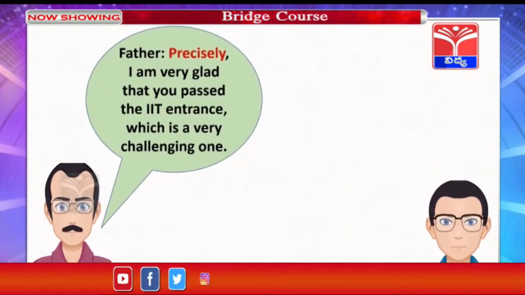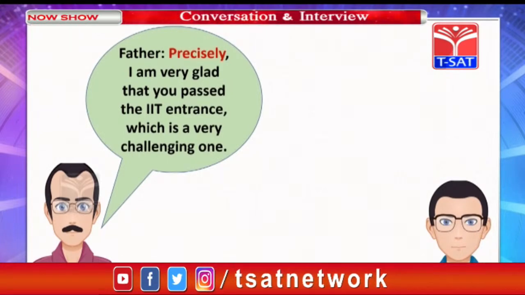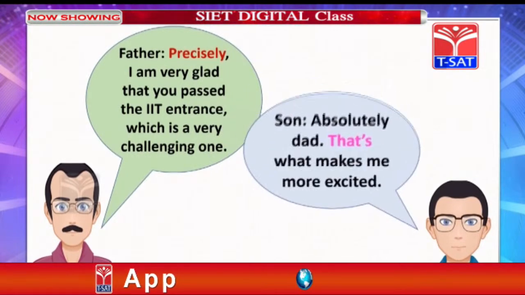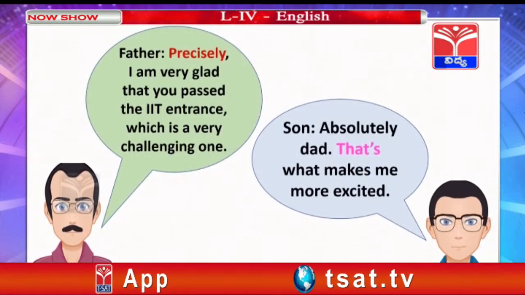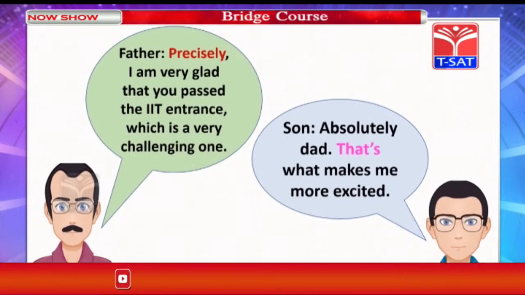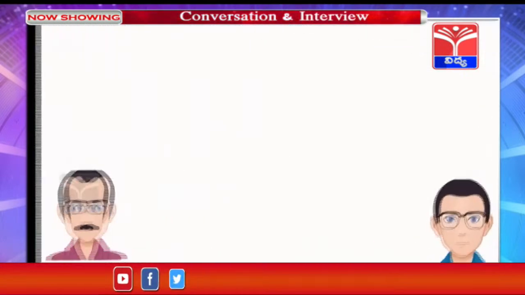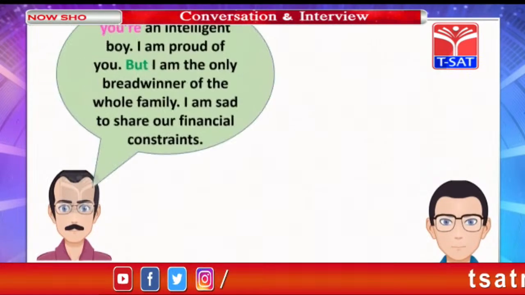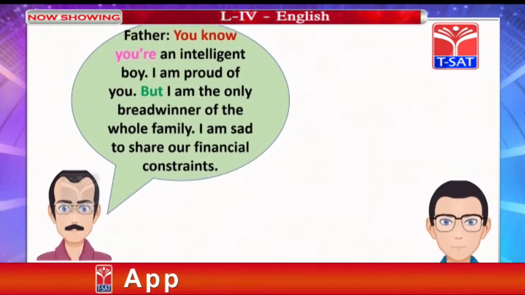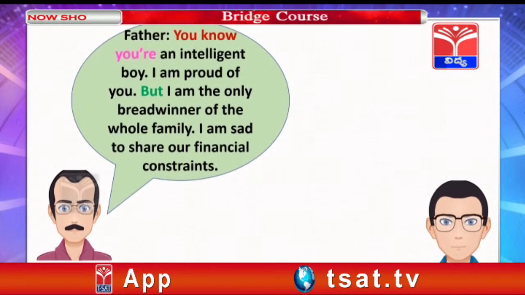Father: Precisely, I am very glad that you passed the IIT entrance, which is a very challenging one. Son: Absolutely, Dad. That's what makes me more excited. Father: You know, you are an intelligent boy. I'm proud of you. But I'm the only breadwinner of the whole family.